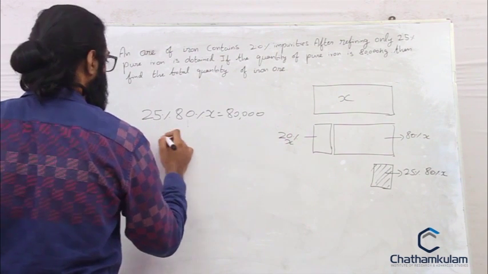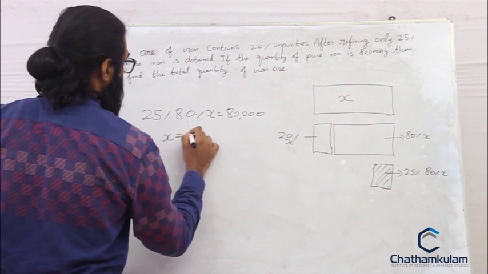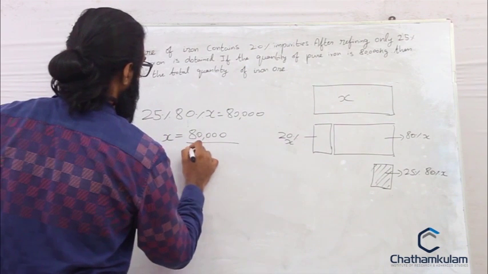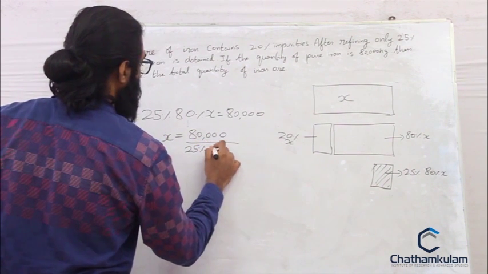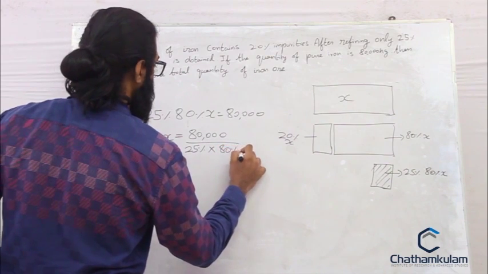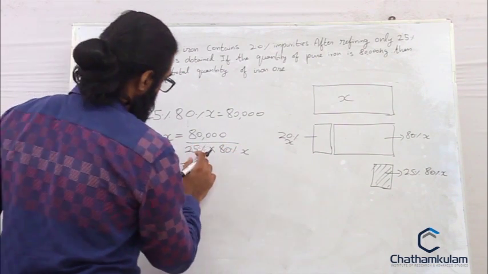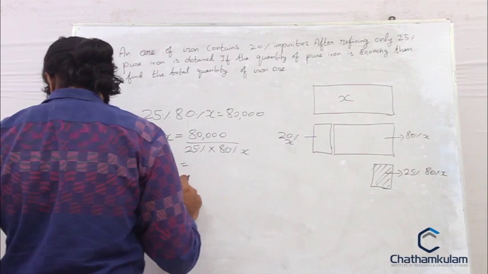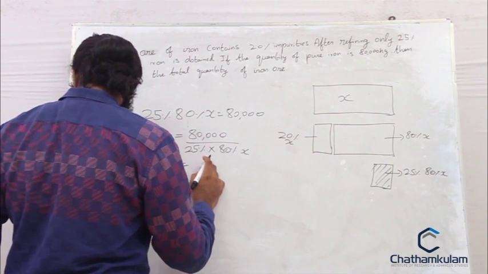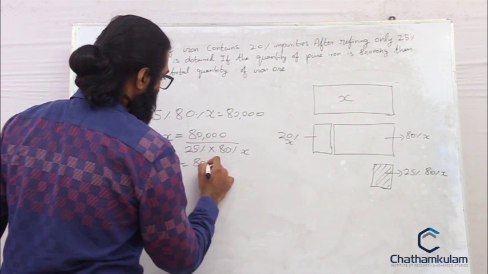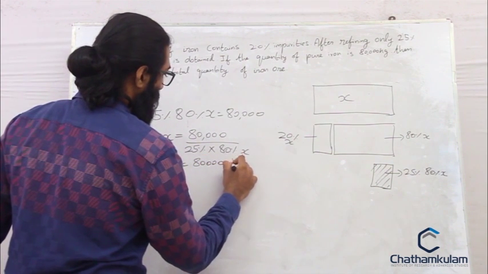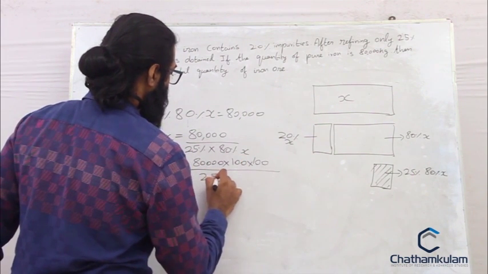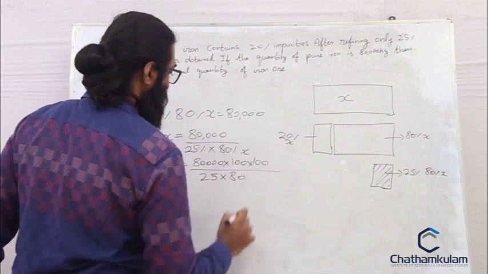So we can write this as X equals 80,000 divided by 25% into 80%, right? So what is 25%? It's 25 by 100. What is 80%? It's 80 by 100, right? So 80,000 into 100 divided by 25 into 80, right?